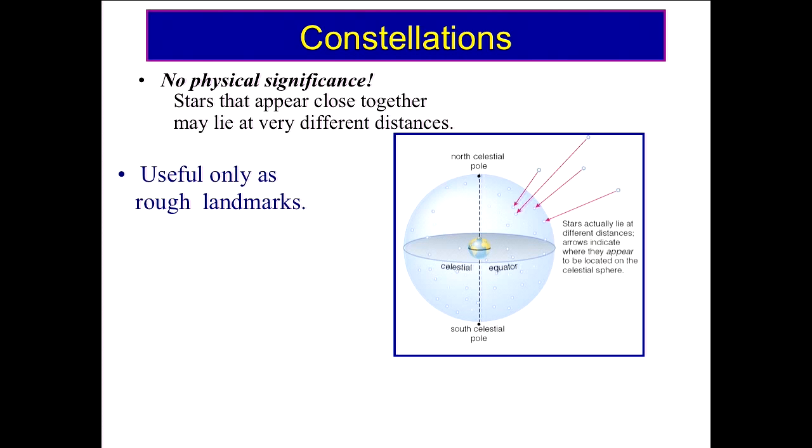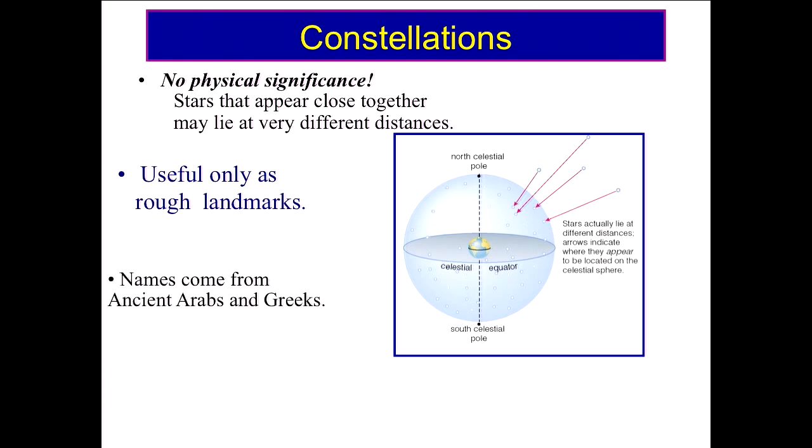And so you see that whereas the stars may appear to be clumped here, the stars are actually at very different distances from each other. So any constellation like the Big Dipper or Cygnus or the Orion constellation, those apparent clumpings of stars are really just apparent. The stars may be nowhere near each other. They could be hundreds of light years away from each other.